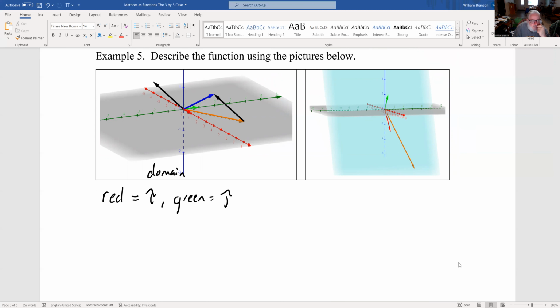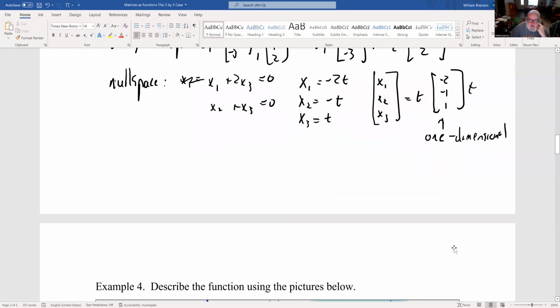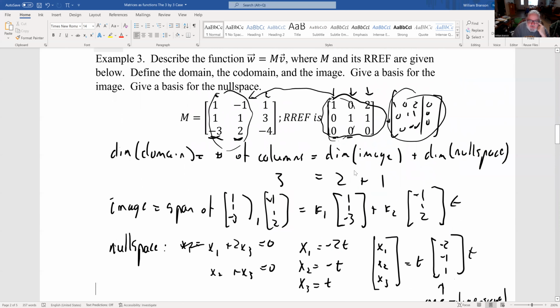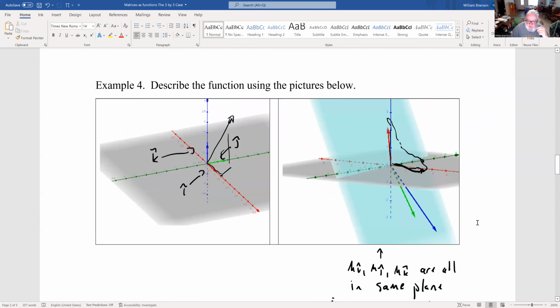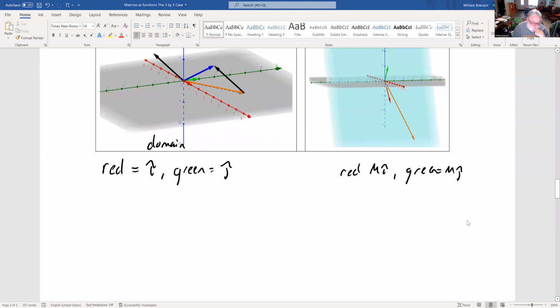That's that vector. And we know over here, red equals M i hat, green equals M j hat. And those two things are the first two columns of the matrix. So red is the vector. I need to write these things down more.